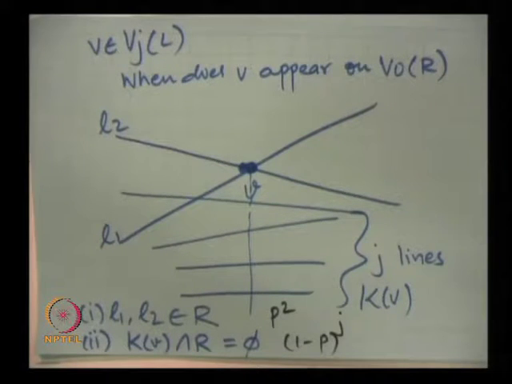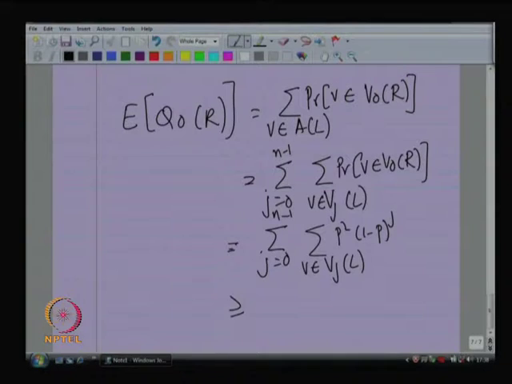Okay. Now, that is the main thing, and now I will do some manipulation. One can write it as j is k. This probability depends not on the individual vertex, but only on its label. So it is p squared times (1 minus p) to the power j, multiplied by the number of vertices in the label, which is by definition precisely phi j L, the size of V j L.